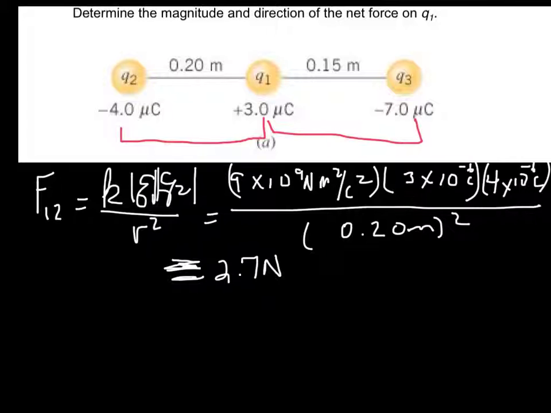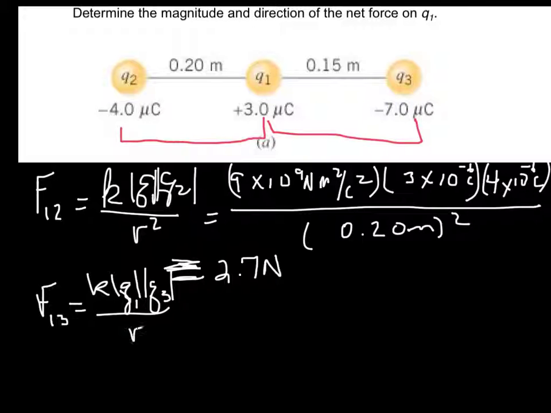Now, let's go ahead and do the second one, the force on 1 by 3. K Q1 Q3 over R squared. Filling in the values, 9 times 10 to the 9th newton meters squared per coulomb squared.